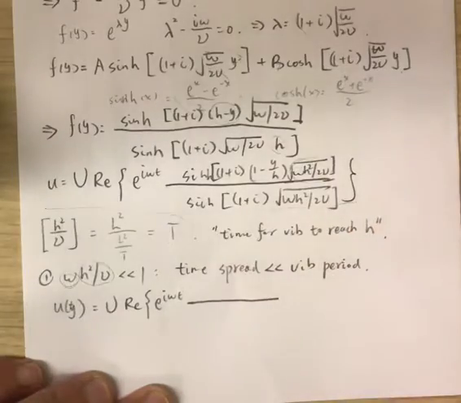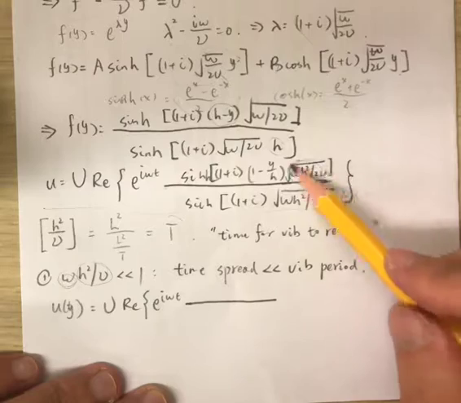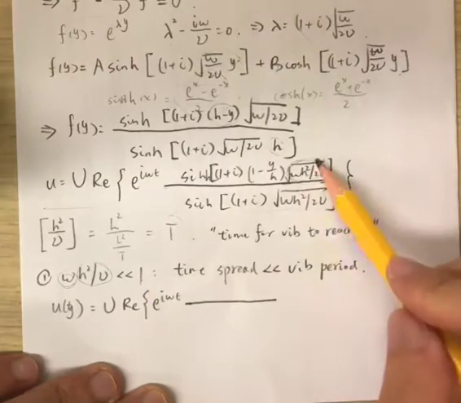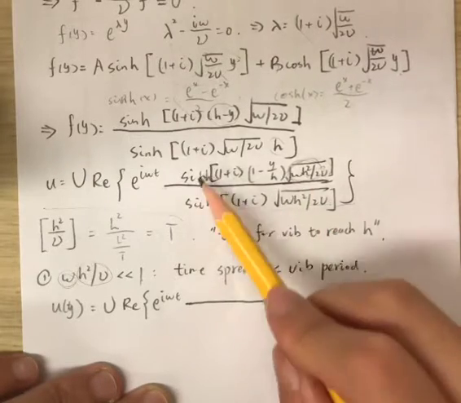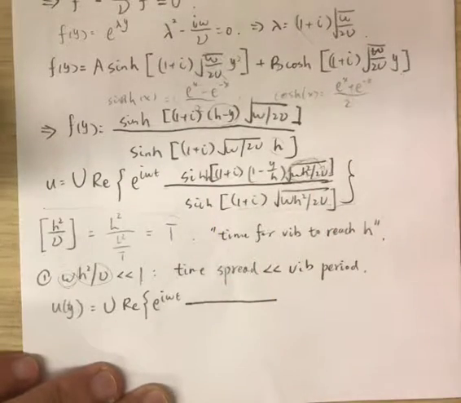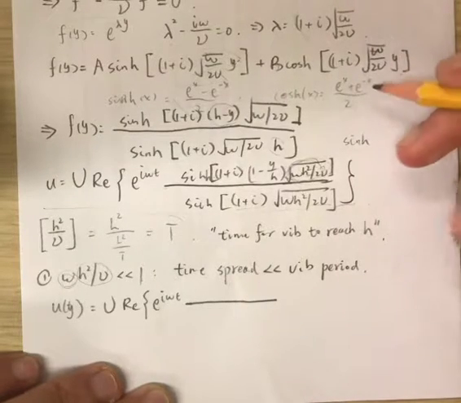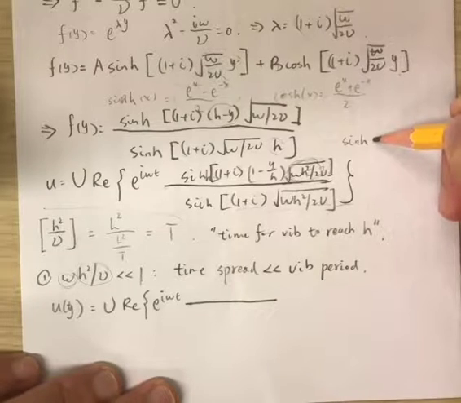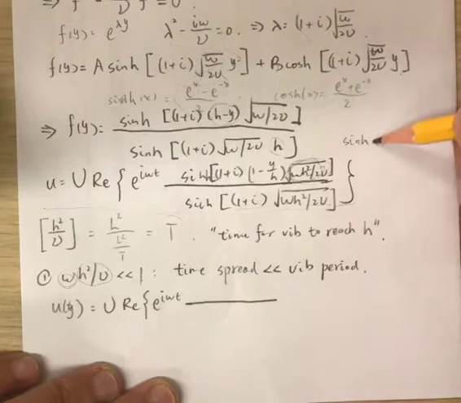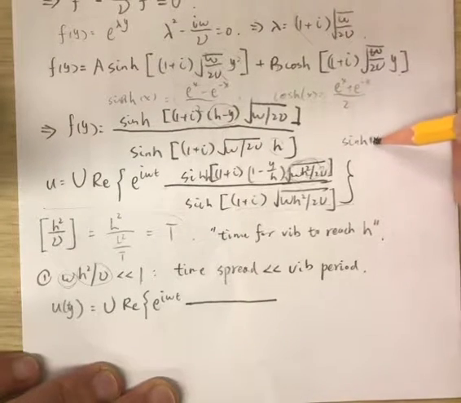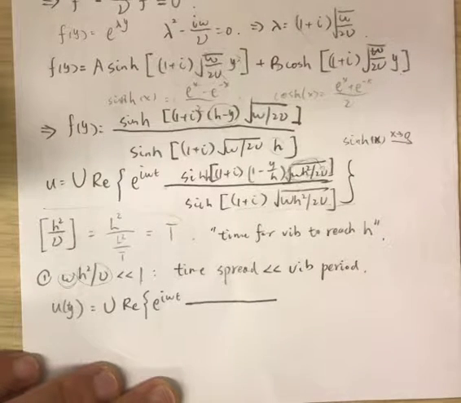And here, when this thing is very small, it is nearly 0, which means the argument of sinh is nearly 0. Let's just say, what is the limit of sinh x when x tends to 0?